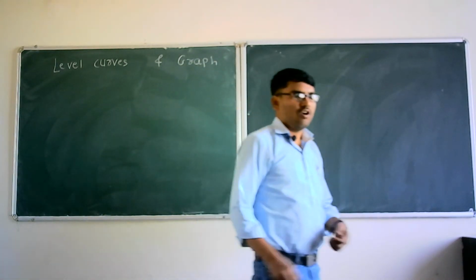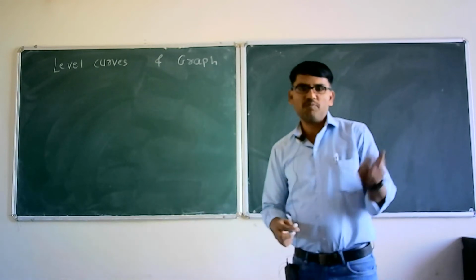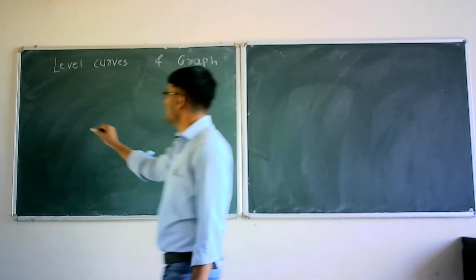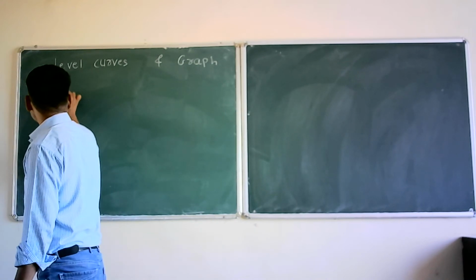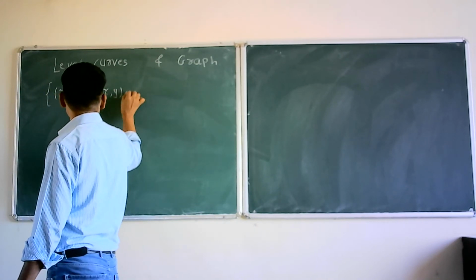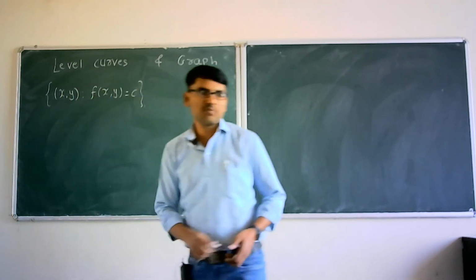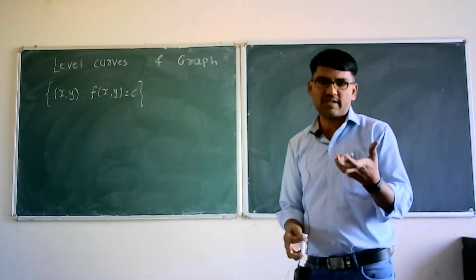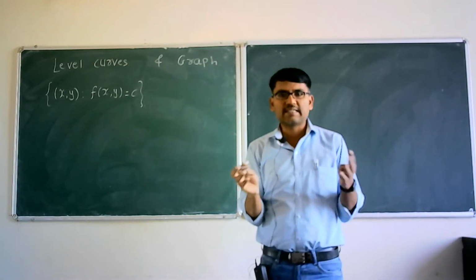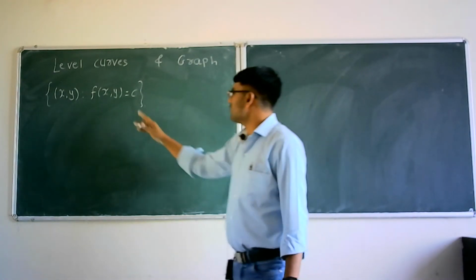It is a collection of all points of the function where your function is constant. That is, the collection of all x, y such that f of x, y is equal to c. तुमच्या फंक्शन बद्दल तुम्हाला काय प्रूफ करायचे? कॉन्स्टंट व्हॅल्यू प्रूफ करायचे. And then all those points of the function are called a level curve at c.